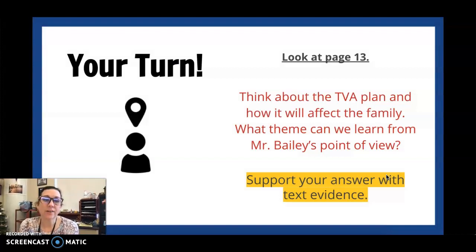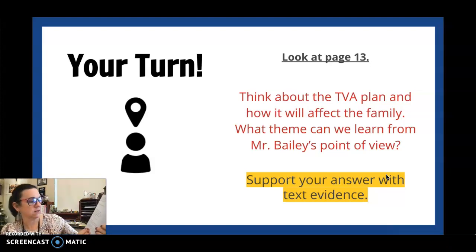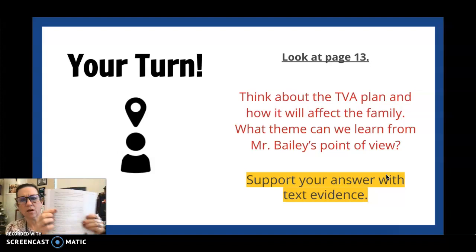All right, your turn. Take a look at page 13. I want you to think about the TVA plan and how it will affect the family. Think that through. I think we probably already know how it's going to affect the family. What I want you to look for is what theme can we learn from Mr. Bailey's point of view. You're going to take that chunk on page 13, and you are going to look at what Mr. Bailey is saying there.